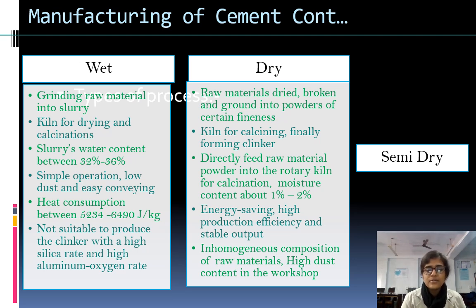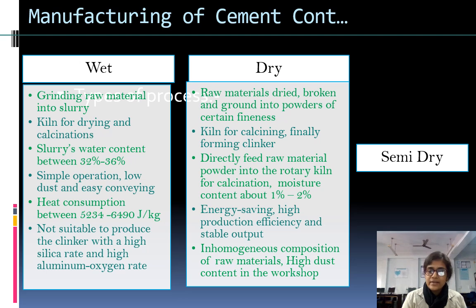Whereas in the dry process, we break the raw material into a very fine powder and feed it directly into the kiln for calcining. Therefore the moisture is only about 1 to 2%, whereas in the slurry the water content is about 32 to 36%.